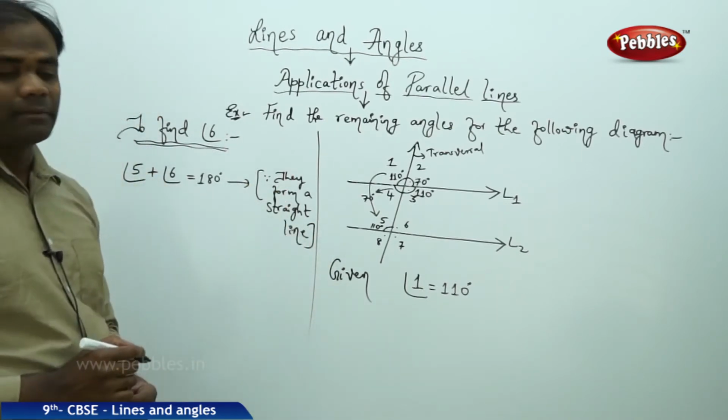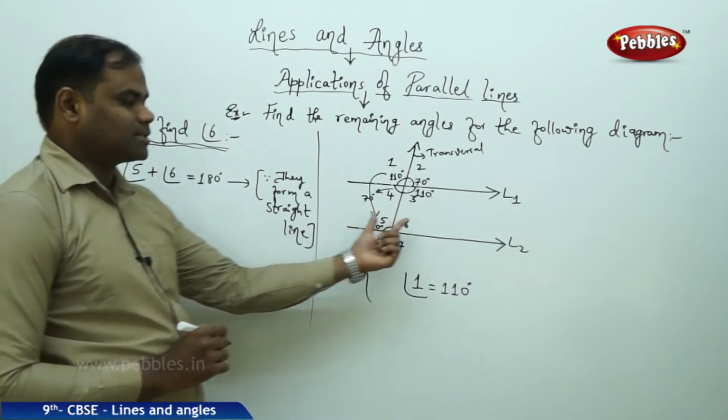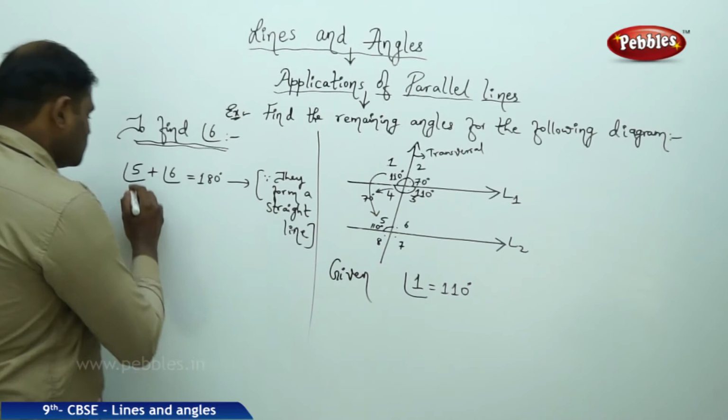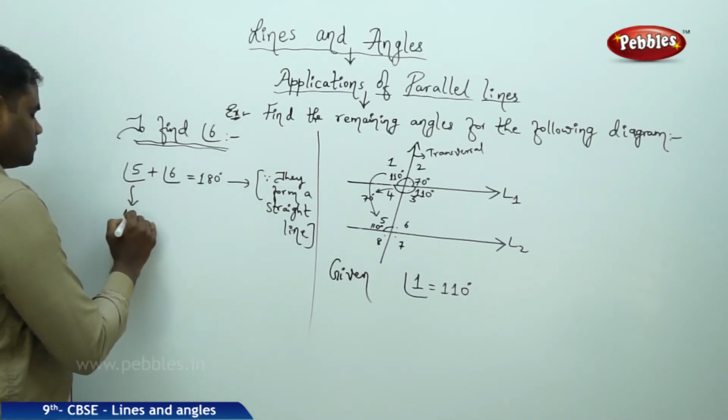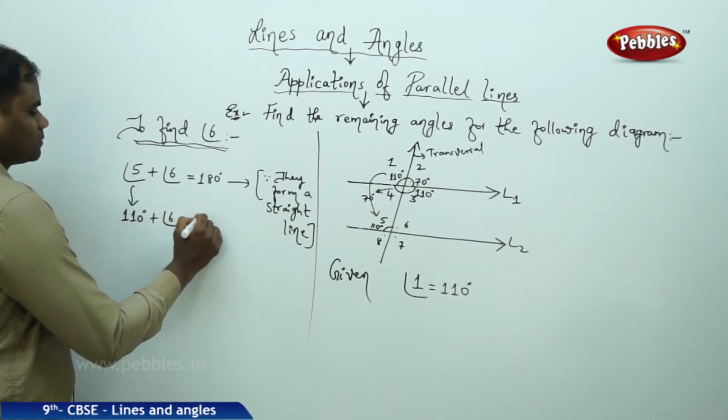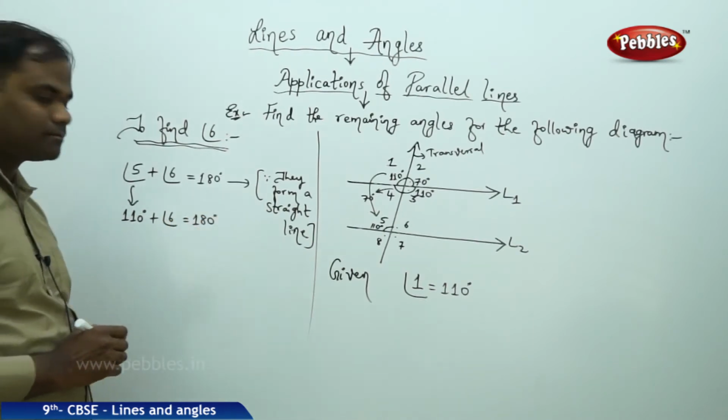They form a straight line. Therefore, phi plus angle 6 equals 180. Now, we know angle phi is 110, which I'm going to substitute here. 110 plus angle 6 is 180.